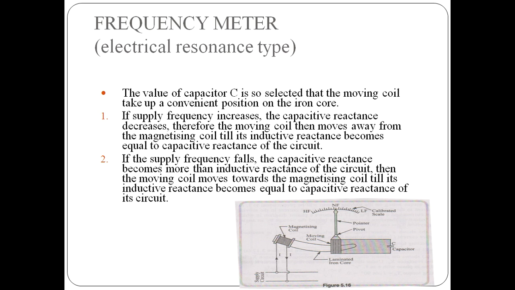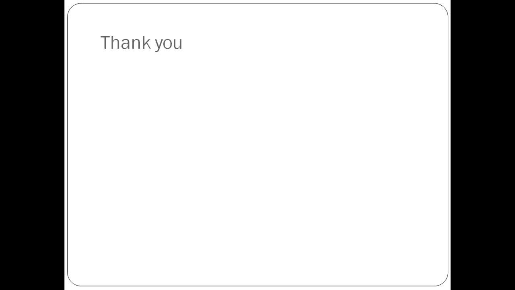If the supply frequency falls, the capacitive reactance becomes more than the inductive reactance of the circuit. Then the moving coil moves towards the magnetizing coil till its inductive reactance becomes equal to the capacitive reactance of the circuit. This is how we complete the measurement of frequency with a frequency meter.